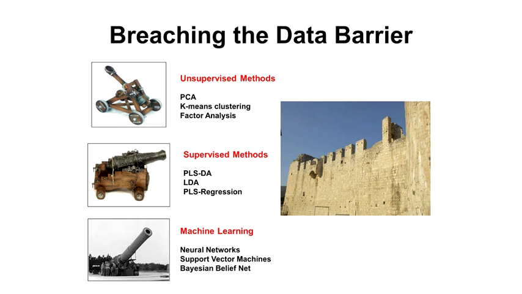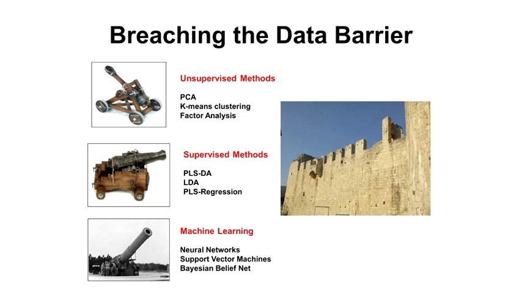So there are different ways and different steps that you need to deal with multivariate data. The first approach when you're dealing with this wall, the data barrier, is to bring out the catapults. The catapults are typically the unsupervised methods for clustering, PCA, which is equivalent to K-means clustering. If you took psychology, there's an old technique called factor analysis, which is also a PCA equivalent. If the catapults don't quite clear the data barrier, then you can start bringing up the canons.